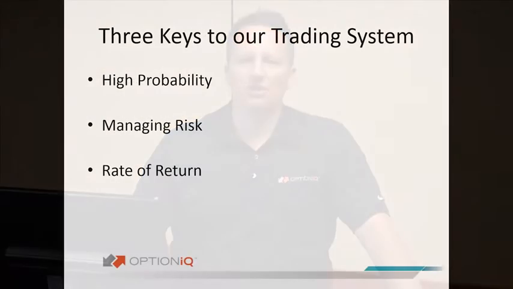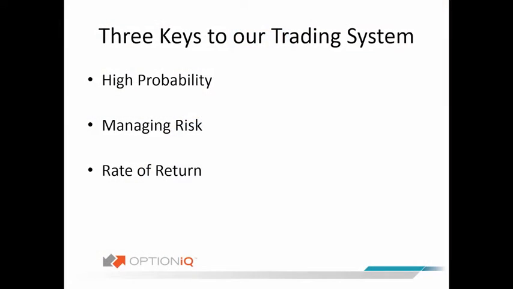All right, moving on. This takes me back to the 3 keys to our trading system. Key number 1 was high probability. We talked about the probability factor. I explained that all of our trades have greater than a 90% probability that the market price is going to stay between our trade boundaries.